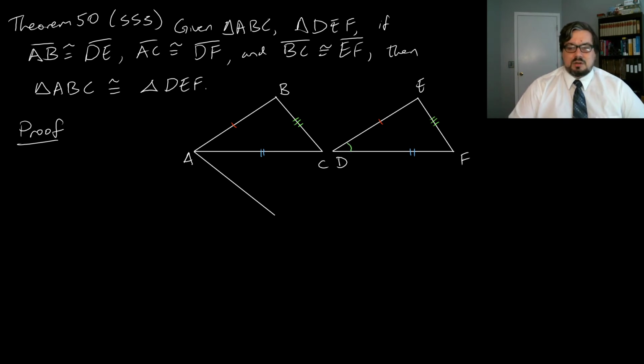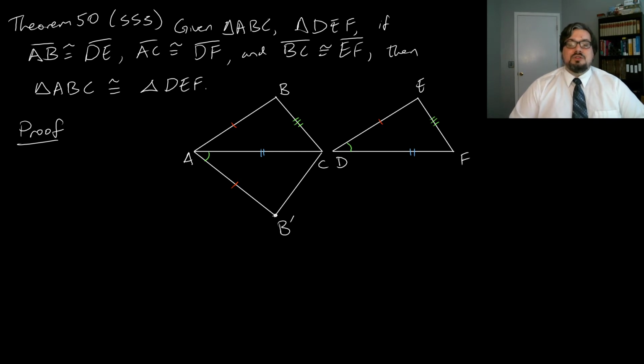We can make sure by angle construction that we construct a ray that forms an angle like this, the green angle. Furthermore, we can make sure that that segment has the right length, that it has the length DE. And that'll give us another point down here, which I'm going to denote B prime. And then we'll have some sort of triangle like this, triangle AB prime C.